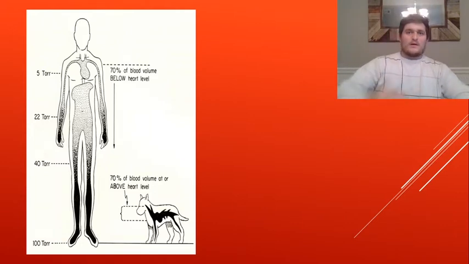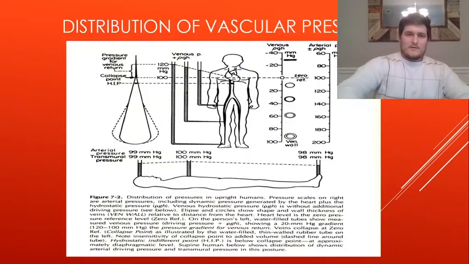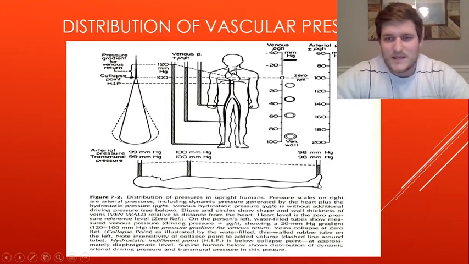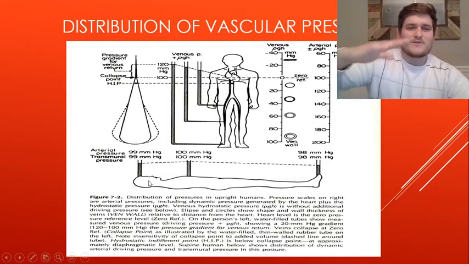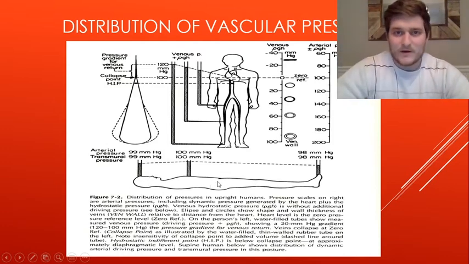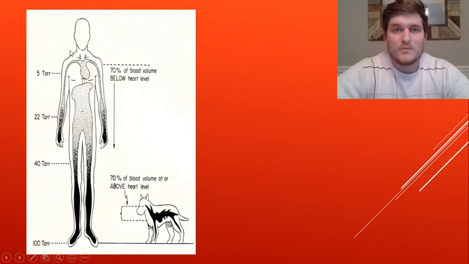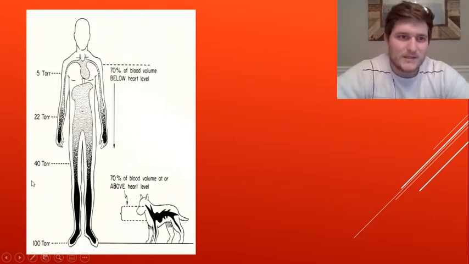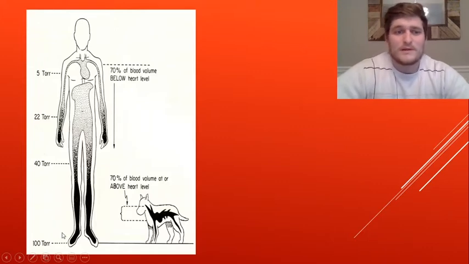When you are lying down, your blood is going to be equally distributed if you look at your torso, your head, your feet, because as far as the height of the column is concerned, you're basically within that same plane. However, when you stand up, what happens? Well, gravity is going to pull that blood towards your lower limbs.